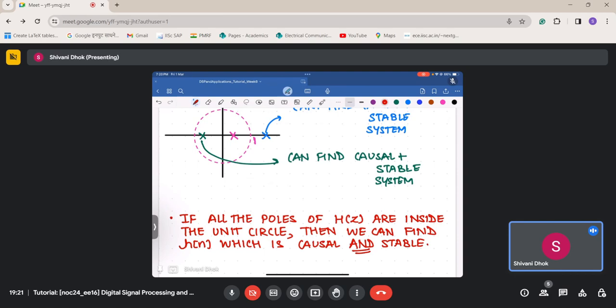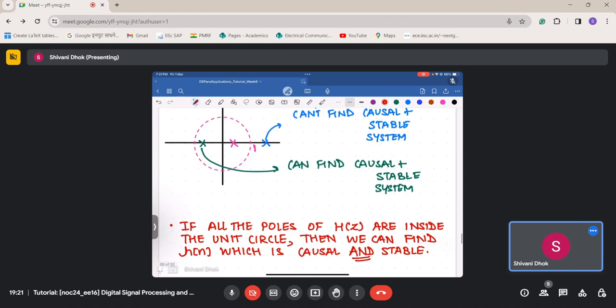And even if I have one pole which is outside the unit circle, I can't find a system which is both causal and stable simultaneously. So this is the remark that we are having here.